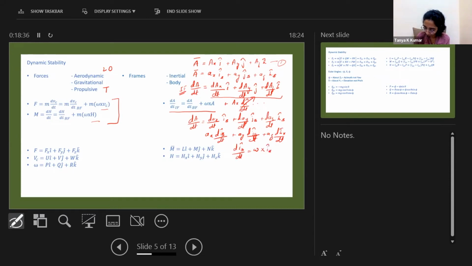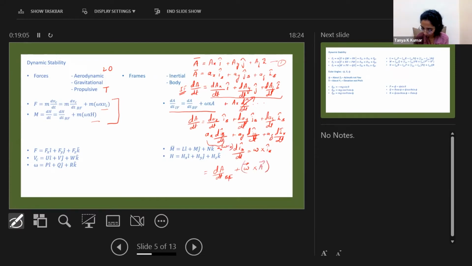So this final thing comes out to be dA by dt in the body frame plus omega vector cross the vector A. Okay, so you have Ax into iB, so this term becomes Ax omega cross iB, and if you take it for all those terms, it becomes omega cross A.